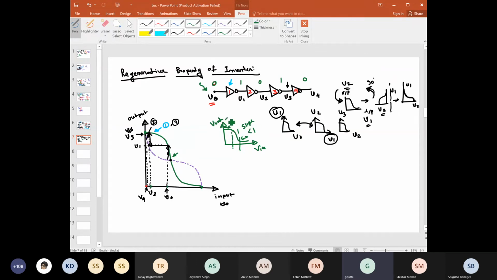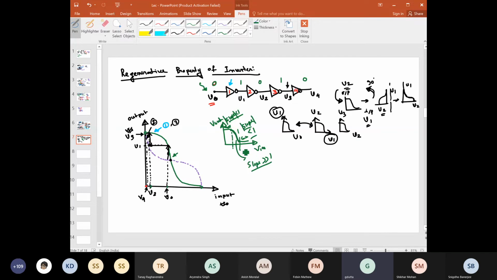Here the slope is less than 1, and here the slope is less than 1. So it has two regions on both sides of a particular region where the slope is less than -1. Obviously I am talking about the magnitude of the slope, because here all the slopes will be negative, right? And in between these two regions, we should have a region where the slope is much greater than 1.